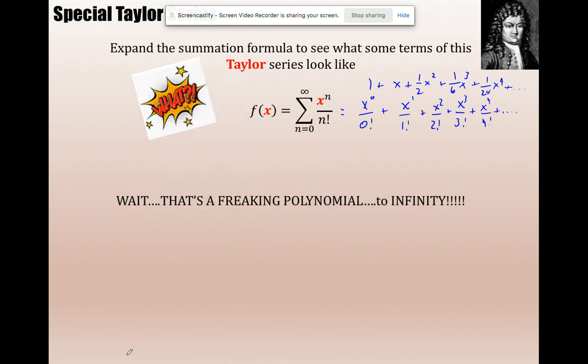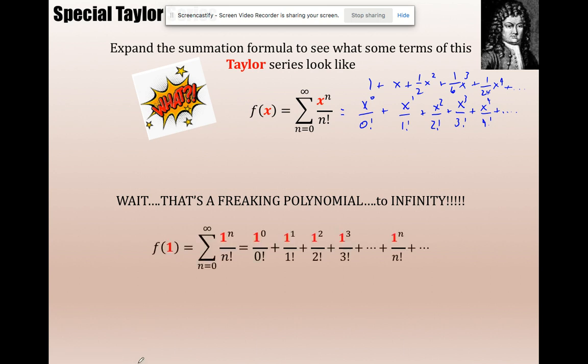That is a freaking polynomial. It's an infinite polynomial. And you know a lot of stuff about polynomials. You know how to deal with polynomials. There's a lot of things you know how to do with polynomials. Oh, snap.